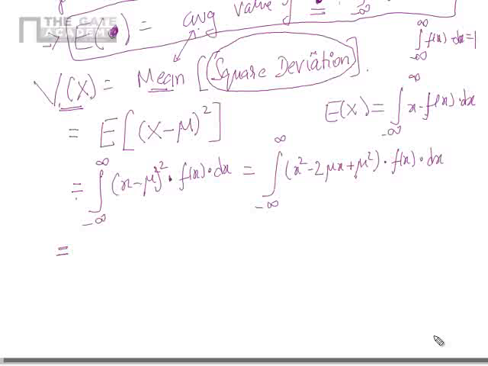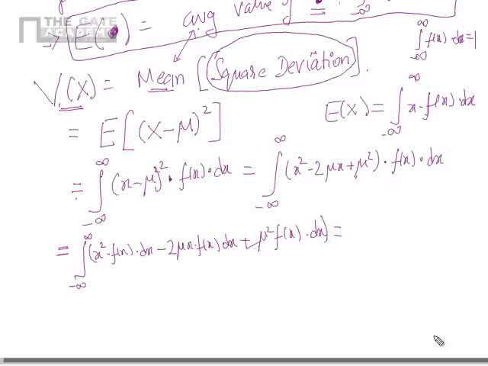So this is nothing but the integral from minus infinity to infinity of x square f of x dx minus 2 mu x f of x dx plus mu square f of x dx. Correct? That's how it will look if I multiply.